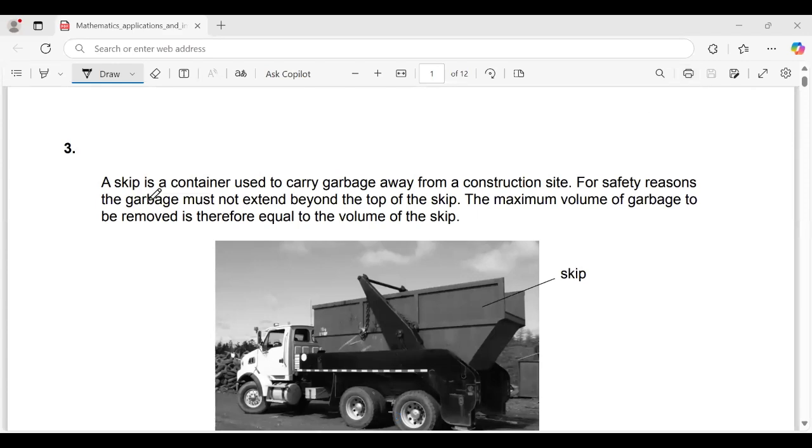Number 3. A skip is a container used to carry garbage away from a construction site. For safety reasons, the garbage must not extend beyond the top of the skip. The maximum volume of garbage to be removed is therefore equal to the volume of the skip. This is the skip.